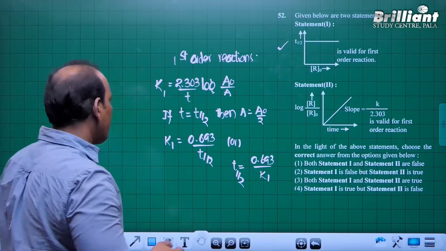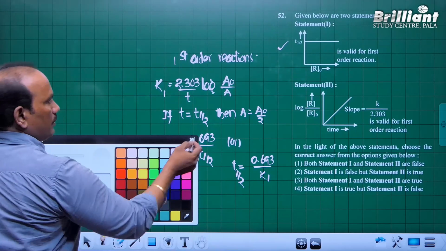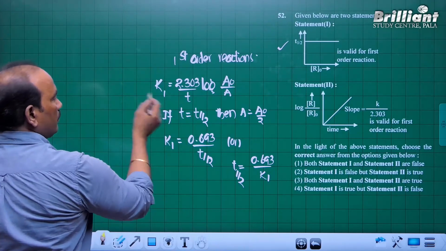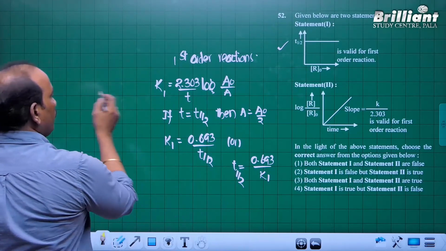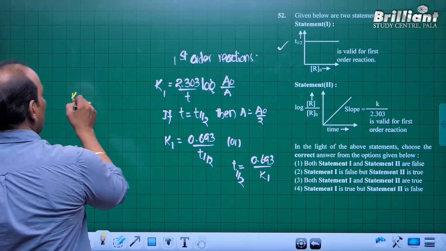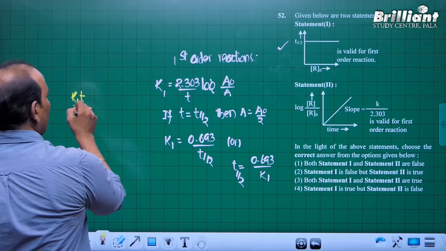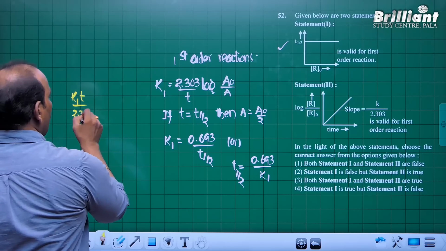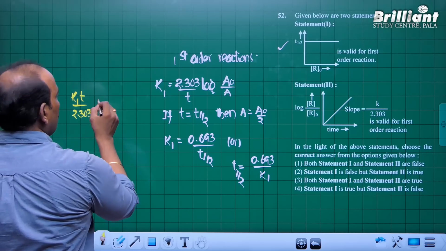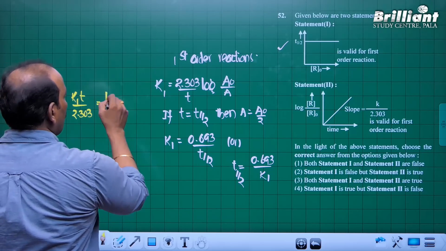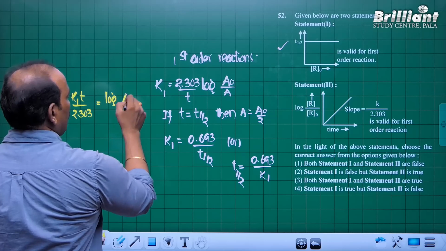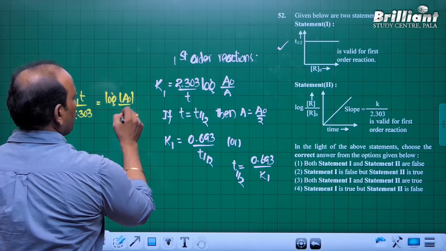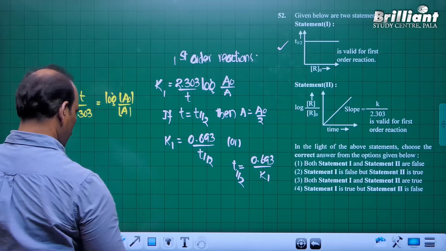Then the graphical representation is, here we take this one. log K1 T by 2.303 equal to log A0 concentration by A concentration. Okay?